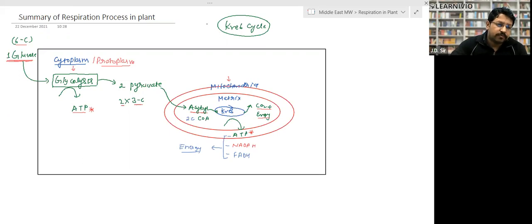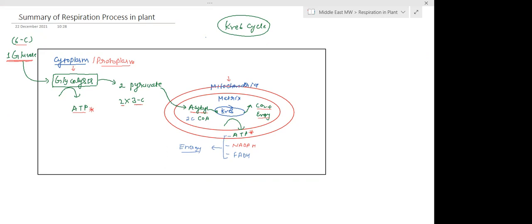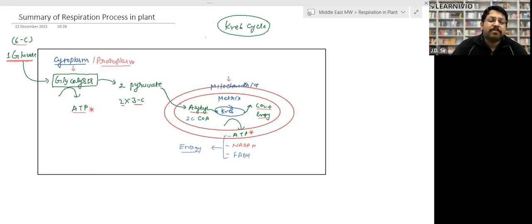So glucose from the blood enters into the cytoplasm, but it cannot enter into the mitochondria. The inner membrane of the mitochondria is impermeable for glucose. So what happens in the cytoplasm or protoplasm, whatever you want to say, is a reaction that is called glycolysis.